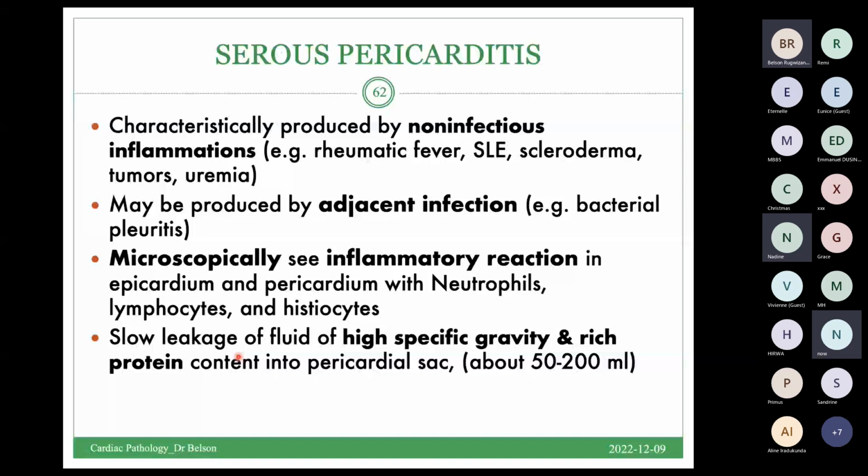Nanga uzamenya ko it is non-infectious, or it can be caused by an adjacent infection when iri hafi yaho ariko itaraho ngaho, because n'ibiranga izaba purulent. For example, there is a pruritus. Now, as a reaction, the pericardium also increases its fluid production, that which is not infected. So the slow leakage of the fluid by high specific gravity and the rich protein content in pericardial sac and so on, so around 200.